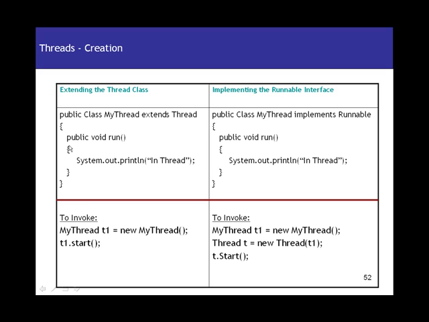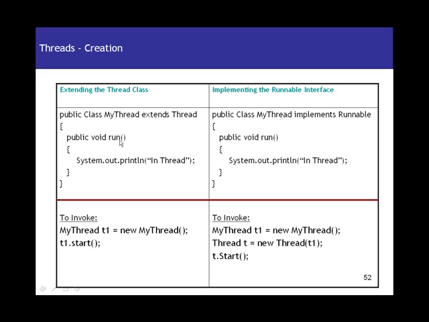When you extend the Thread class, you simply say your class extends the Thread class, and to implement the Runnable interface, you simply say your class implements Runnable, and in both cases you override the public void run method, which doesn't take any arguments.